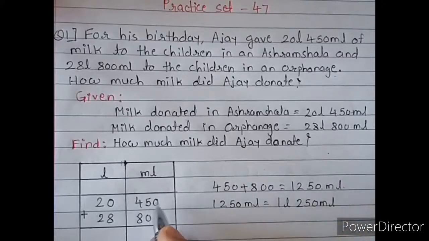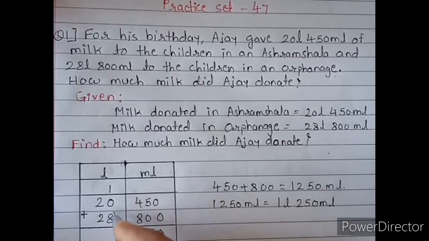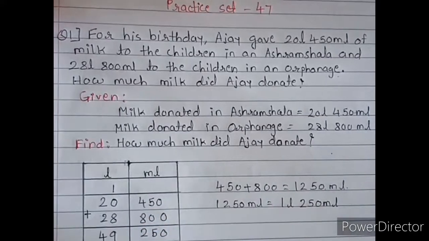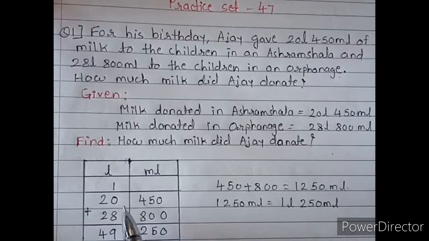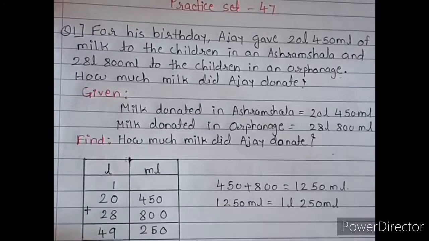So carry out addition in the milliliter column. Here 250 will come and 1 liter we have to carry to the liter column. So here it will come. So do the addition. Now after adding liter, we get the figure 49 liter 250 milliliter.